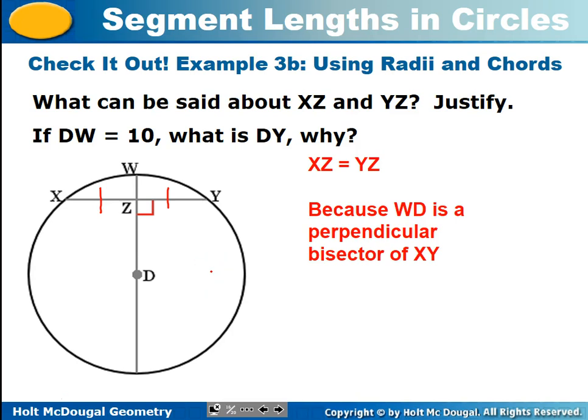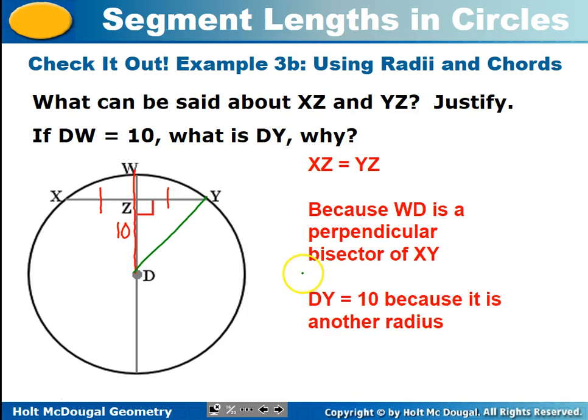Then it tells us that DW, this length right here, is 10, and asks about the length of DY. Well, if DW is 10 and it's a radius, DY is also a radius, so it is also 10. Every radius in a circle is congruent.